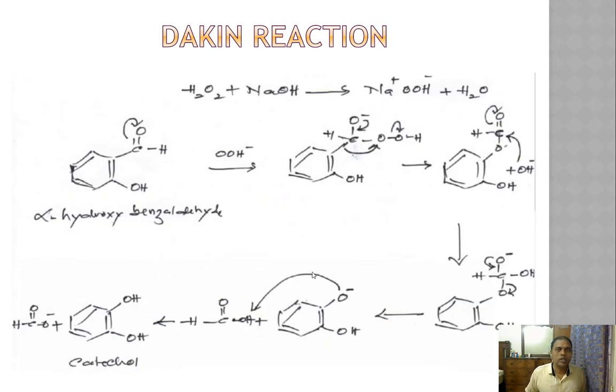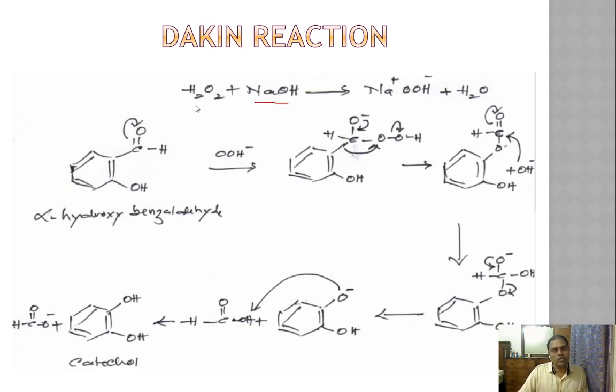So let's look at the mechanism of this reaction. As you know, we are taking hydrogen peroxide here in the presence of alkali, so we will take the sodium hydroxide here.